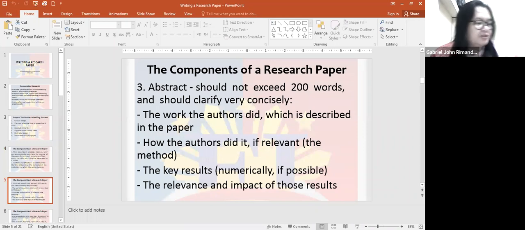Then the third component is the abstract. The abstract should not exceed 200 words, and it basically contains the entirety of your research. Number one, what work the authors did, which is described in the paper. The entire paper is a very lengthy, very detailed discussion.